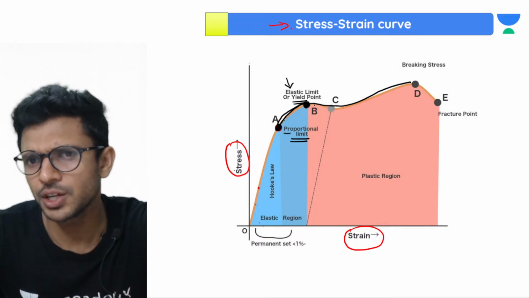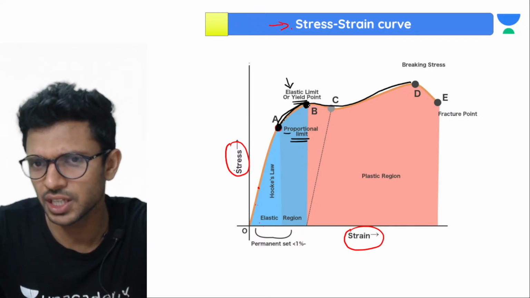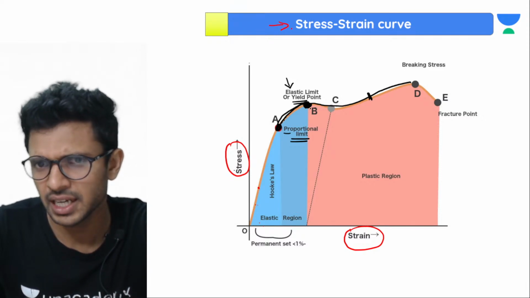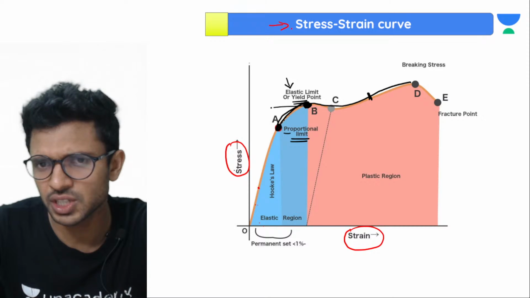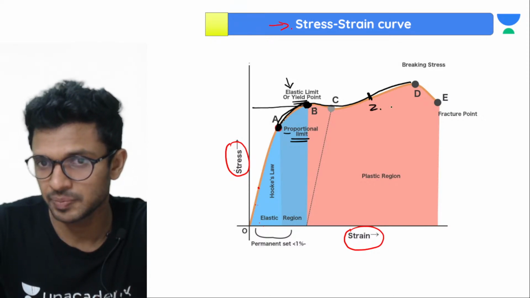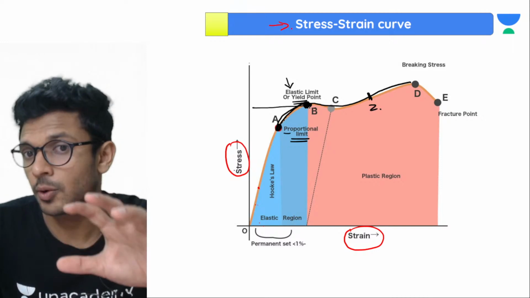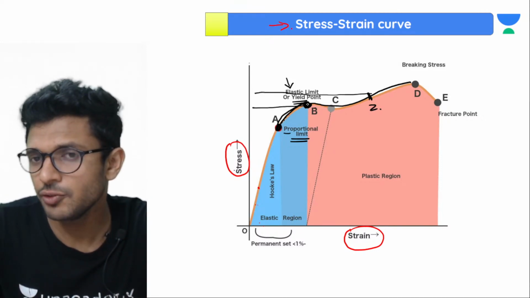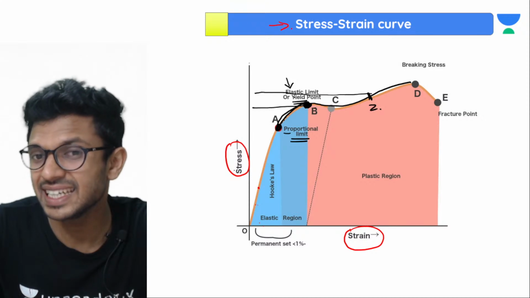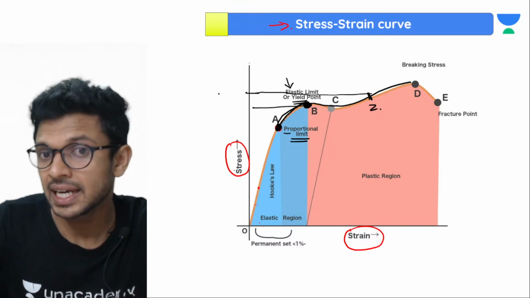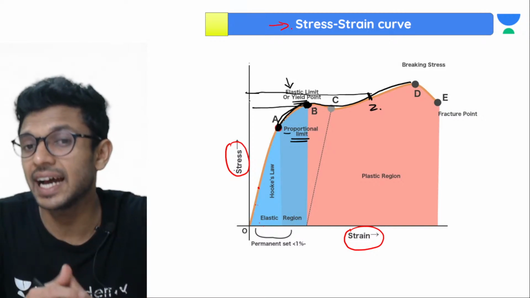Now, if you look into the points from B to D, take some random point in between from B to this particular point. Let's say I'm calling this particular point Z. If you move from the point B to Z, the increase in stress, the stress is plotted on the y-axis, look carefully, is not that huge.